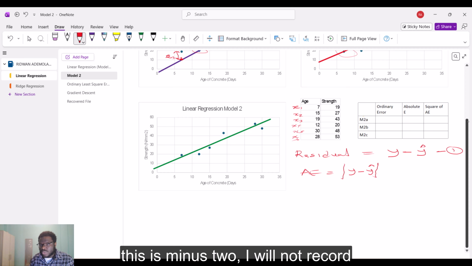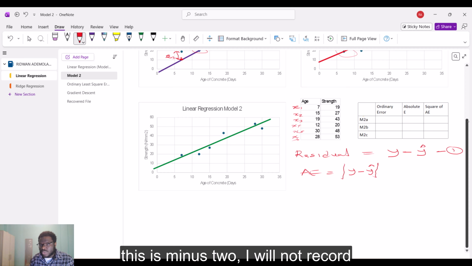But then if I do absolute error, here 2, 2, then here I would not say -2. I would simply say 2 because I'm taking the absolute. Absolute value of -2 is 2. So in here, my error will be recorded as 6. And then square of error, I can simply just say 6 squared. So that will give me 36.